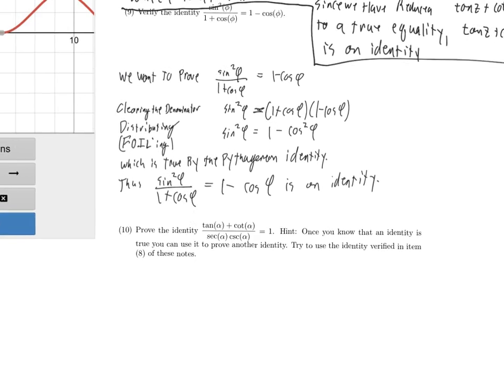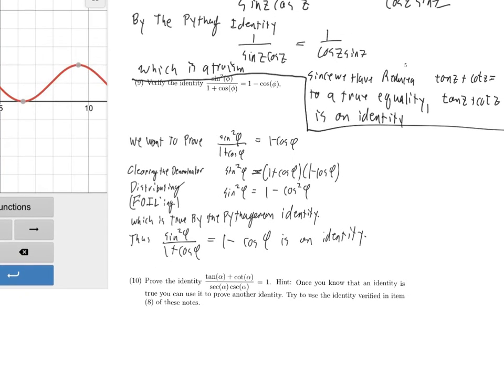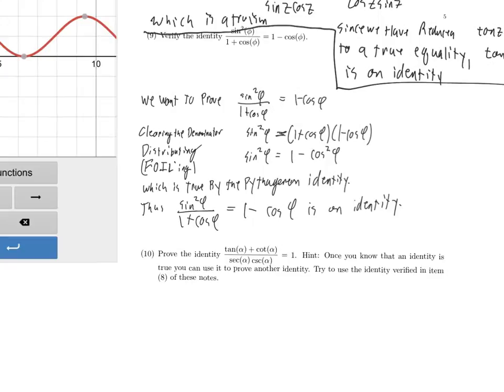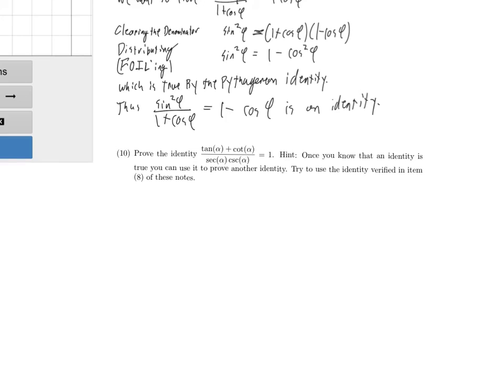So let's review the things that we've done. There's this one, but that doesn't involve tangent or cotangent, or secant or cosecant for that matter. Here's one that involves tangents, cotangents, secants, and cosecants, so maybe it'll be useful.